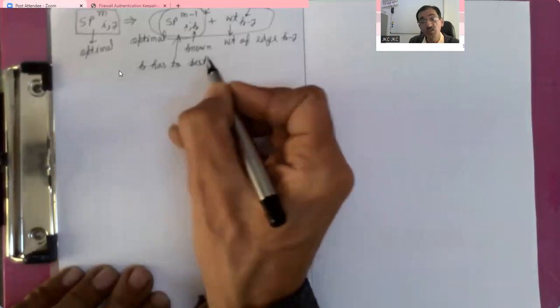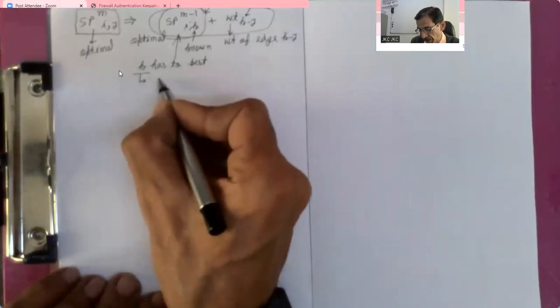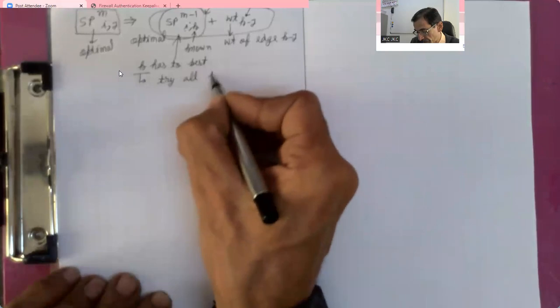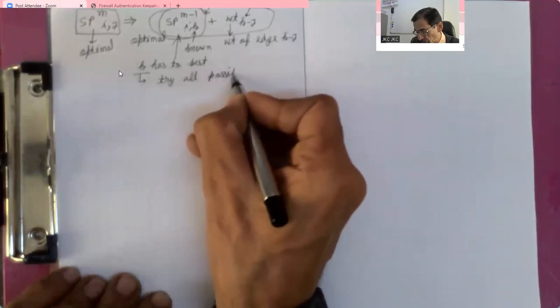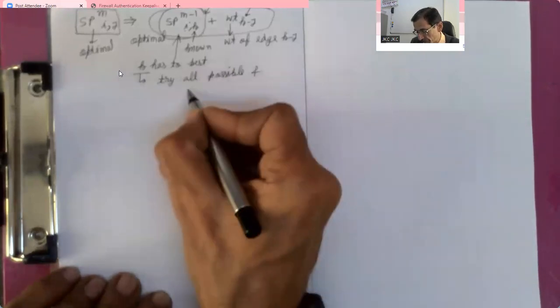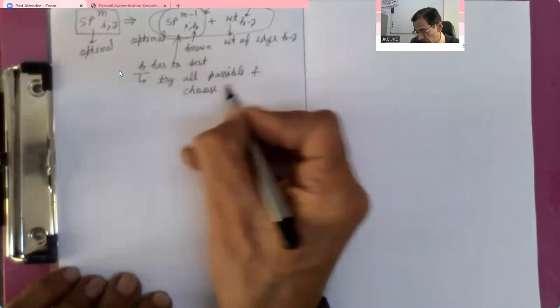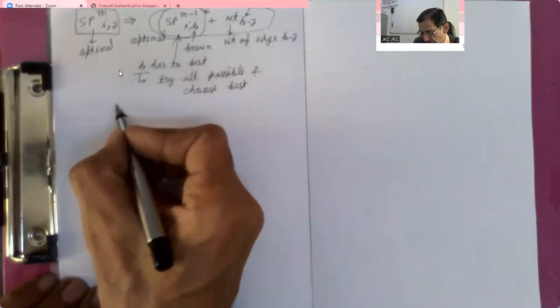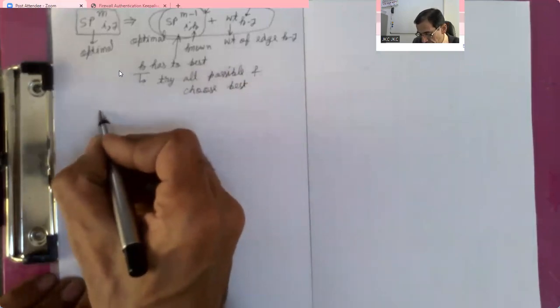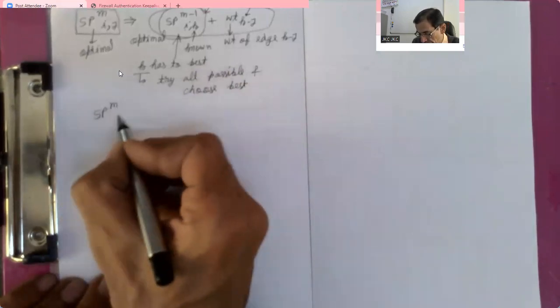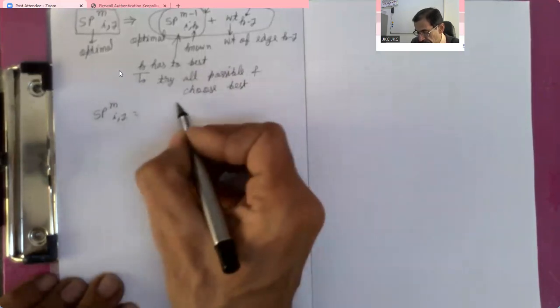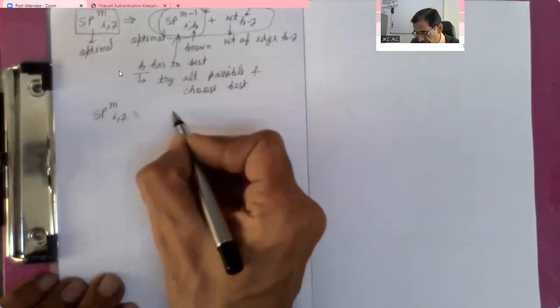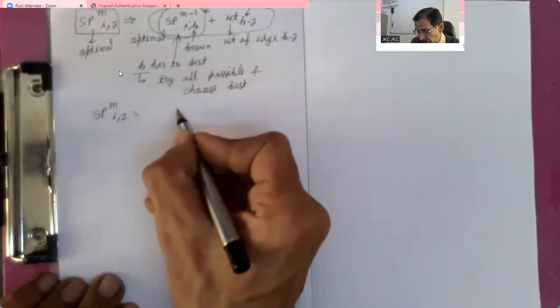We assumed this is known, but actually it will never be. So how to find it? Obviously, try all possible values, and out of them choose the best. That is a thumb rule to solve such problems. So now I can claim that SP of m, i, j will be: try all k and find the minimum.